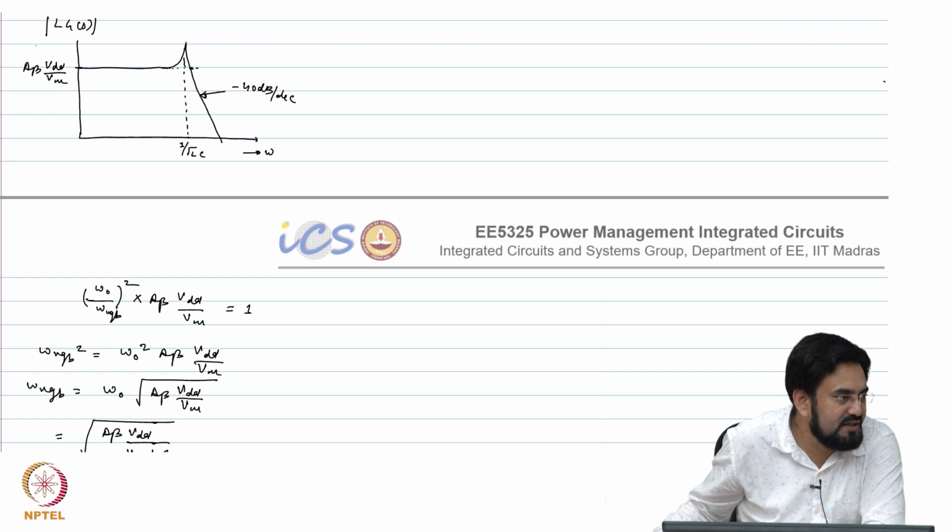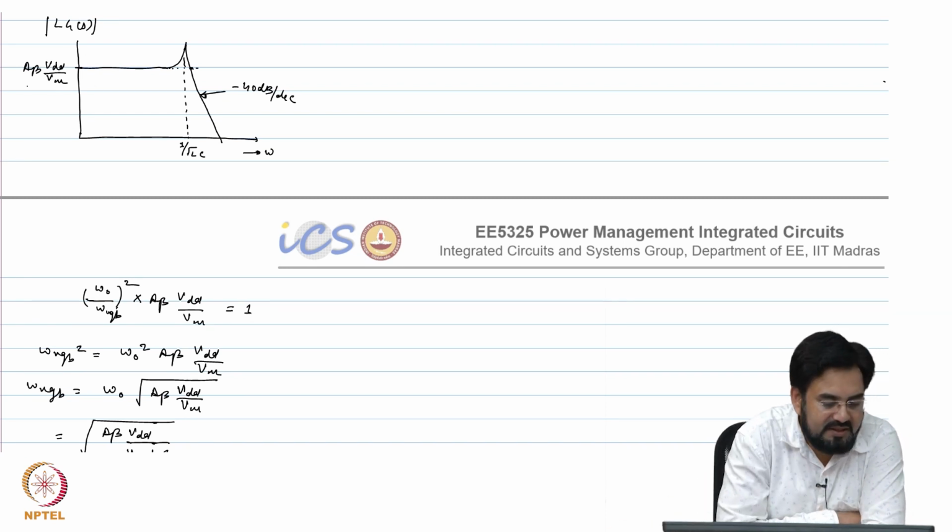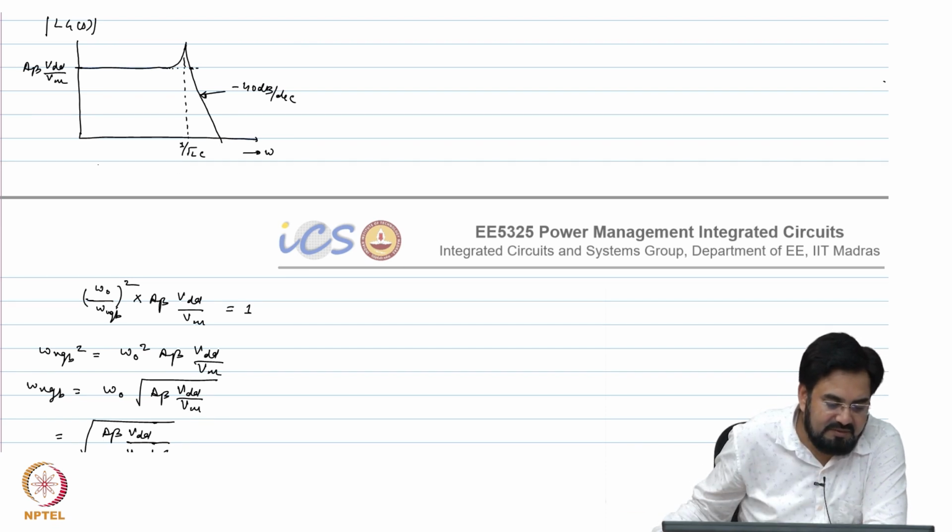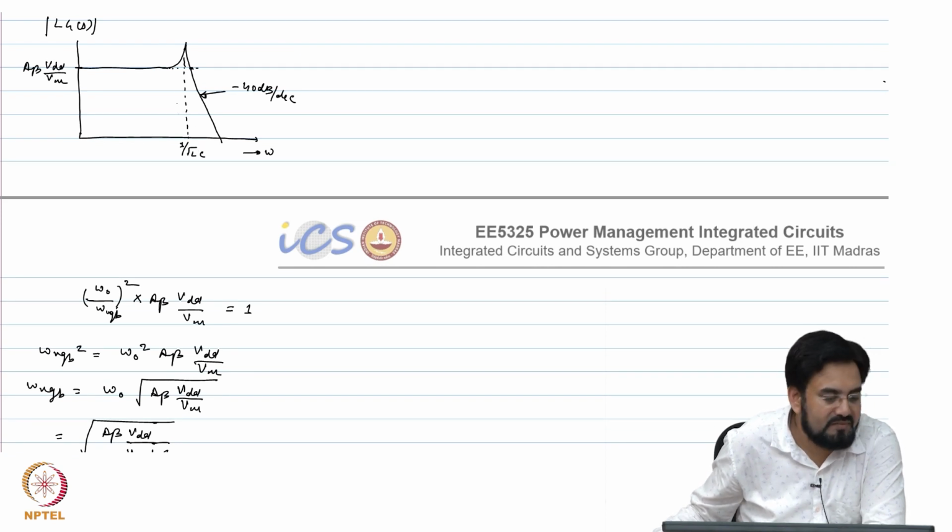So, this factor won't dominate much, but A will dominate in the gain, and that basically will make your omega UGB much higher than your resonance frequency, and your phase is already dropped close to minus 180 at omega naught. So, inherently this is what, stable or unstable?